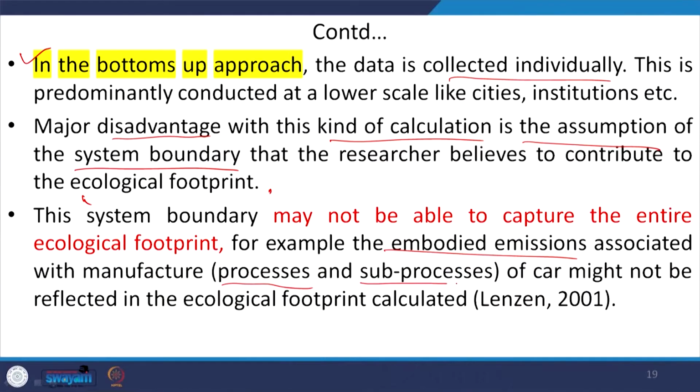Because when you are talking about embodied emissions in manufacturing, it is not about the final car that we can use, and that is why you can prepare this ecological footprint, but also the emissions associated with the processes and sub processes for manufacturing a particular car need to be taken into account. That may not actually be taken into account for preparing this ecological footprint if you are following this approach.